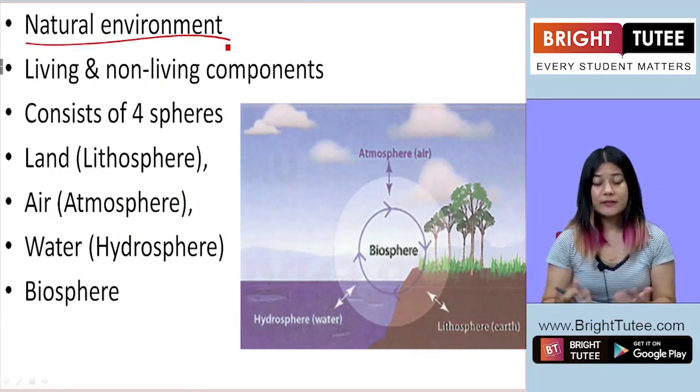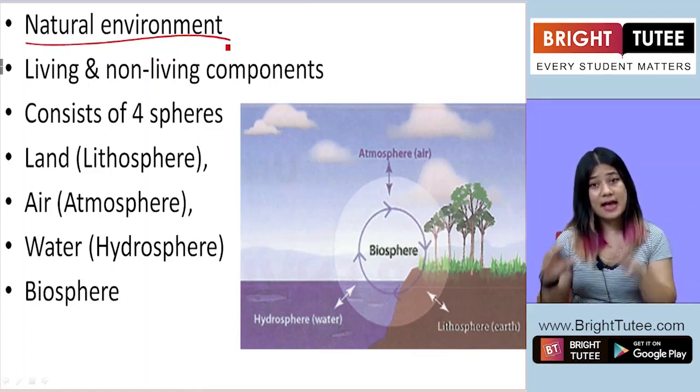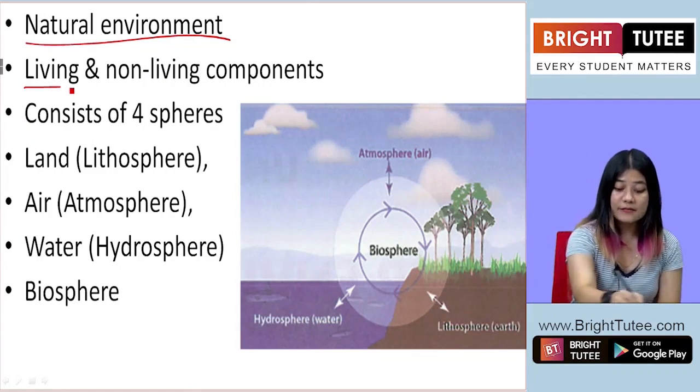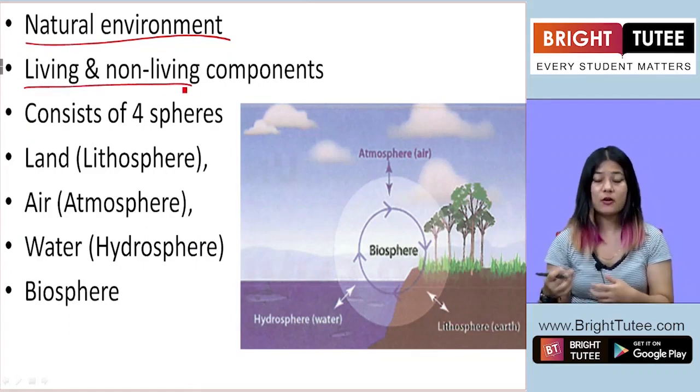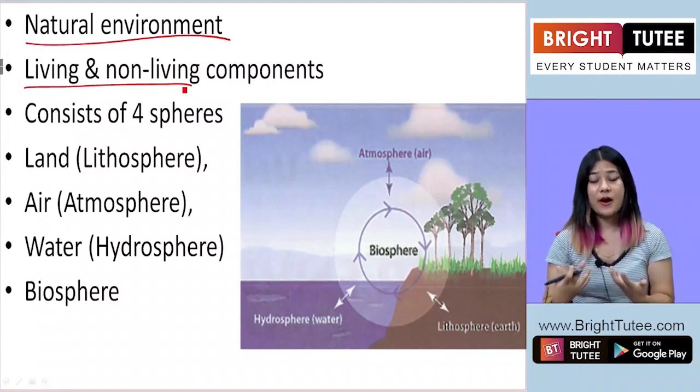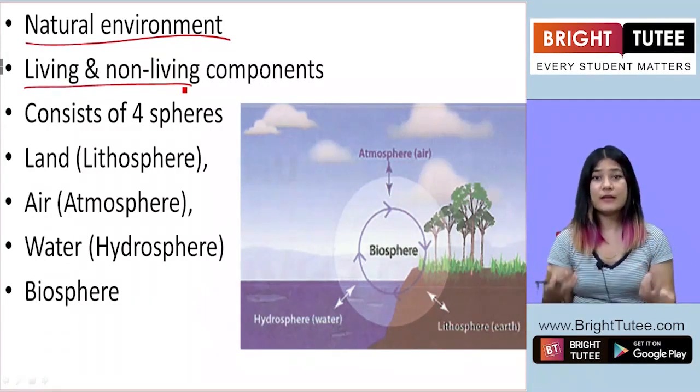Natural environment is that environment where the components are living and non-living things. Okay, so in an environment where the living and non-living components exist together, that kind of environment is called natural environment.